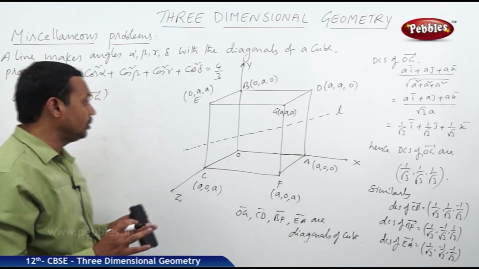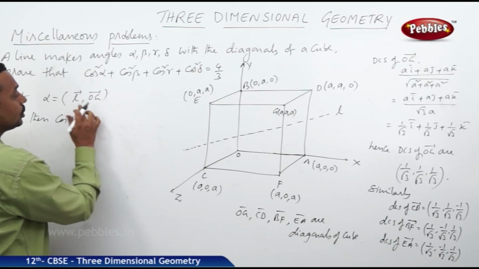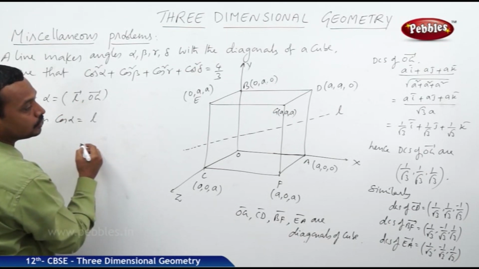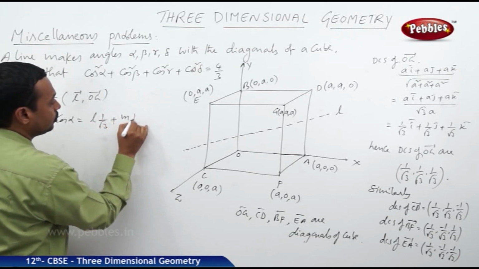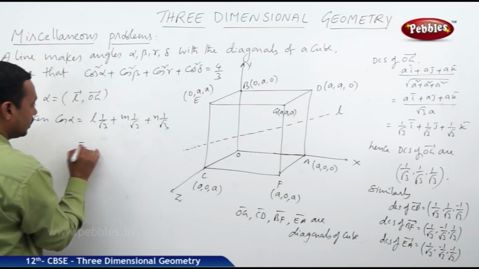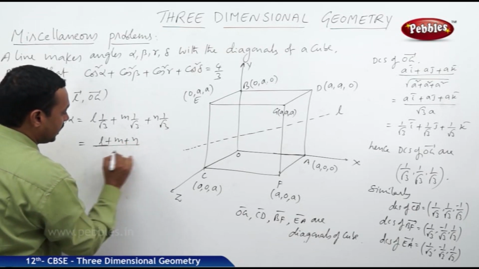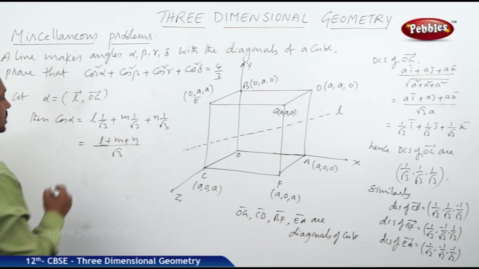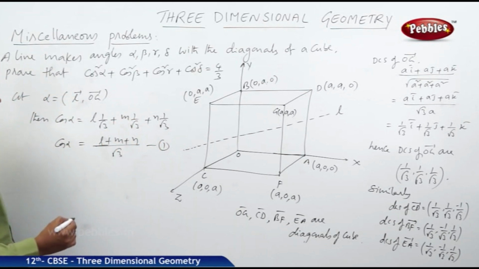So it was already proved. Now using that formula, cos alpha is equal to l into 1 by root 3 plus m into 1 by root 3 plus n into 1 by root 3, that is l plus m plus n by root 3. Now this is cos alpha. So let it be the first condition.